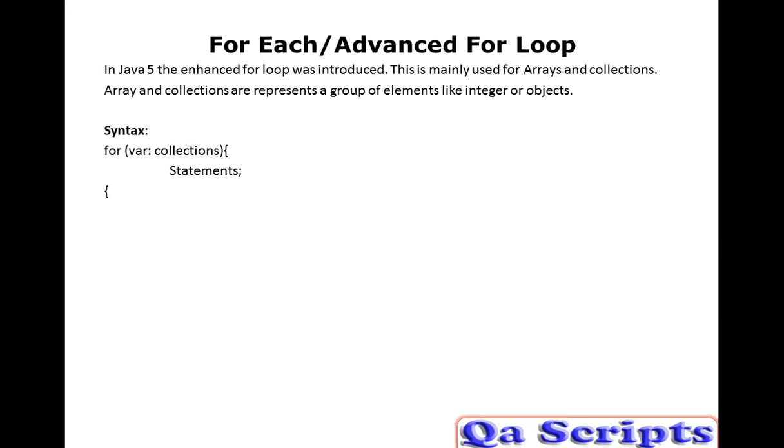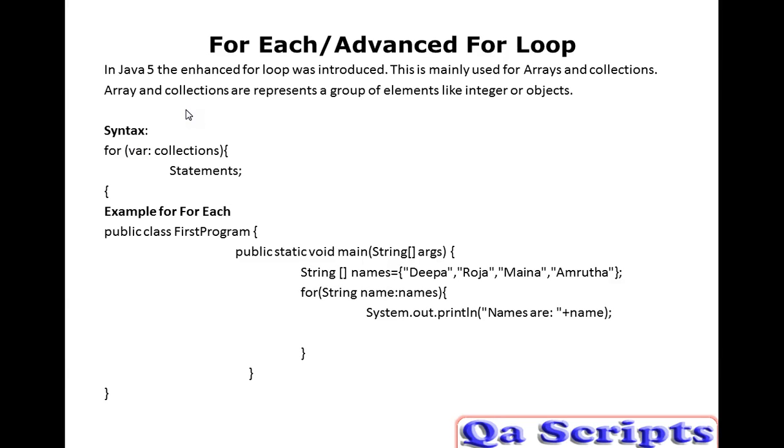We have to use the for keyword as usual, all small, and in the brackets, instead of declaring the variable, initializing, separating by semicolon, and having a condition as well as an increment operator, we have to use a variable here with a data type, and then separate by colon, then place that collection or array. Let us see a simple example here.